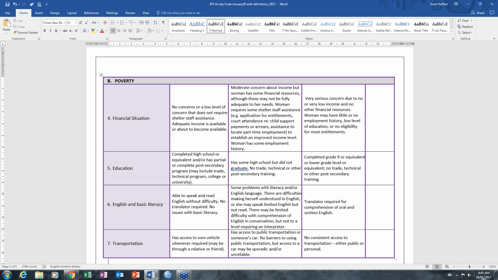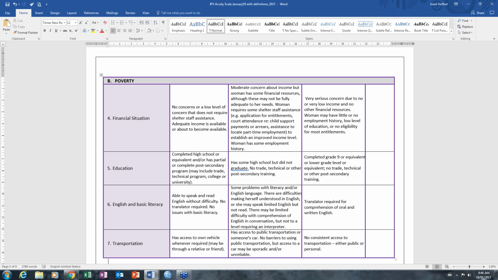You will see that in many other components, we're not necessarily talking about presence or absence of the issues, but more about how well those issues are managed and what amount of work is required on the shelter end. So more support by shelter means more complexity. That's what you see here.